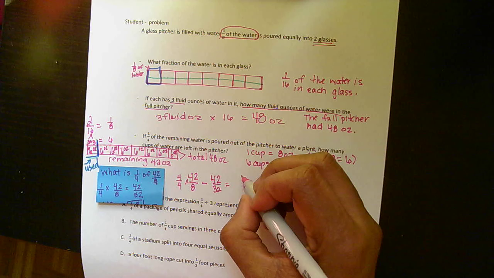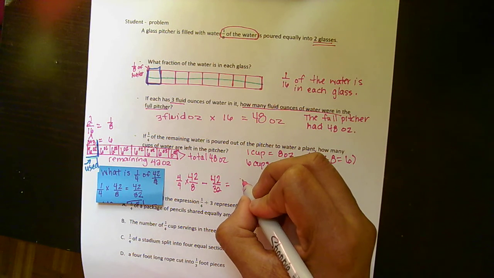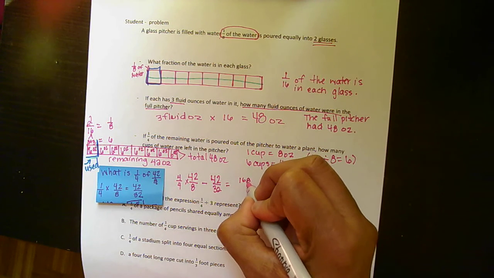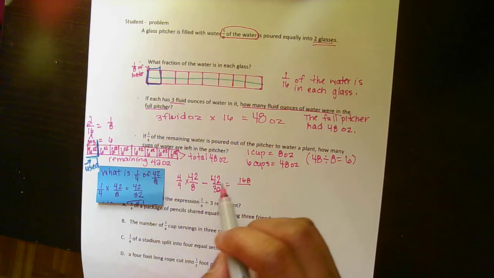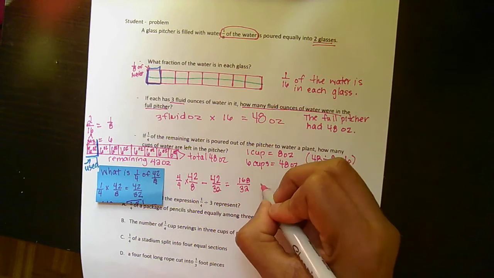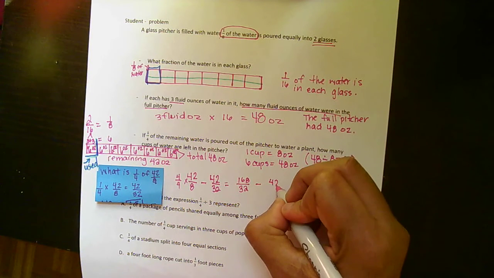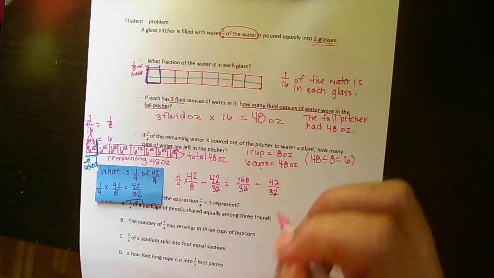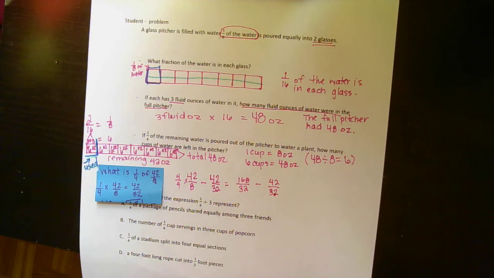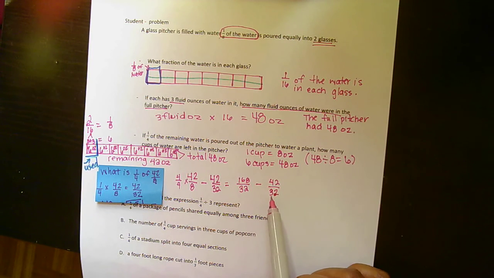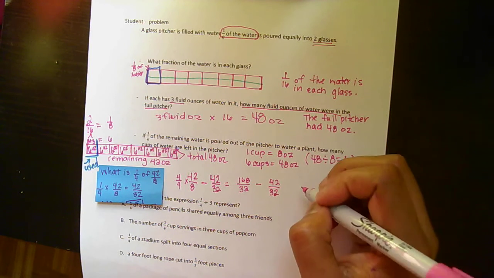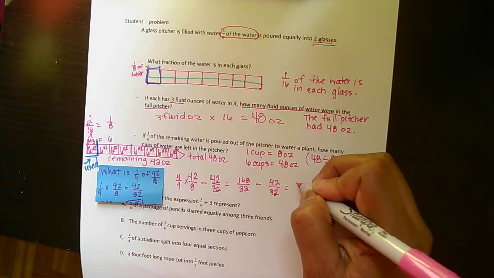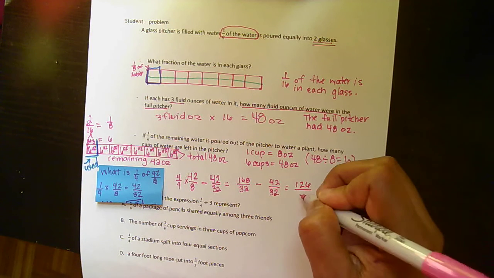This becomes 4 times 42 is going to give me 168 over 4 times 8 is going to give me 32 minus 42 over 32. Okay, that's the same thing. Now I can subtract, right? Because I have the same denominators. So when I subtract 168 and 42, I get 126 over 32.